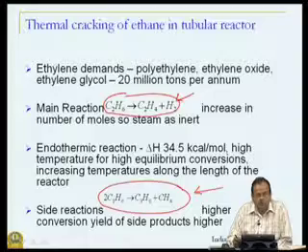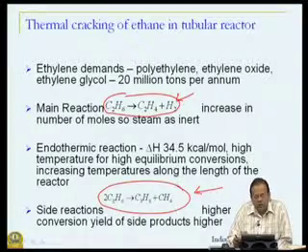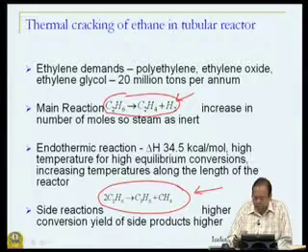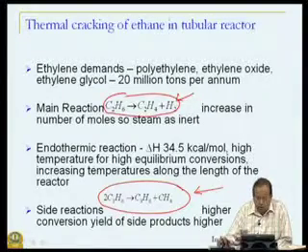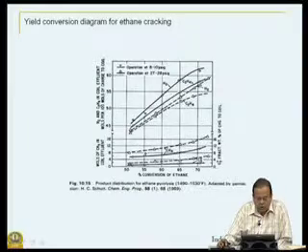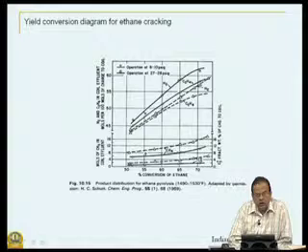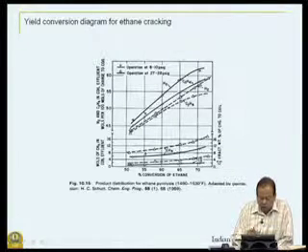There are several such side reactions, but the point is that these reactions dominate at higher conversions. So, as our conversion increases, the side products also go on increasing, and this is shown in what we had earlier referred to as the yield versus conversion diagram.